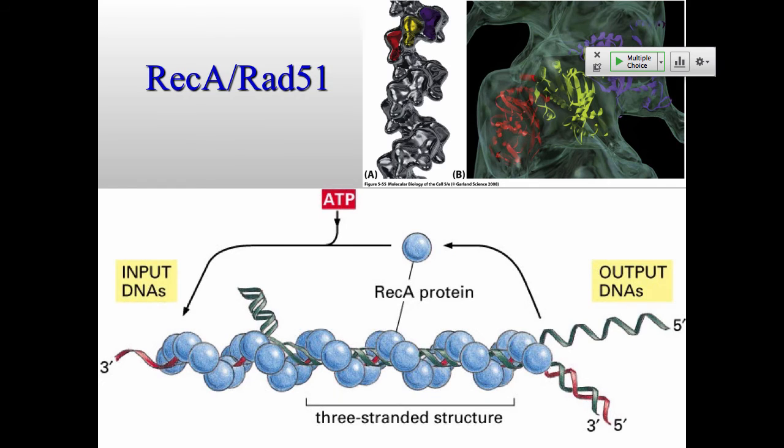So let's look at a little bit more molecular detail what these things look like. As I mentioned before, strand invasion. Strand invasion happens because of the presence of RecA or RAD51 binding to DNA.